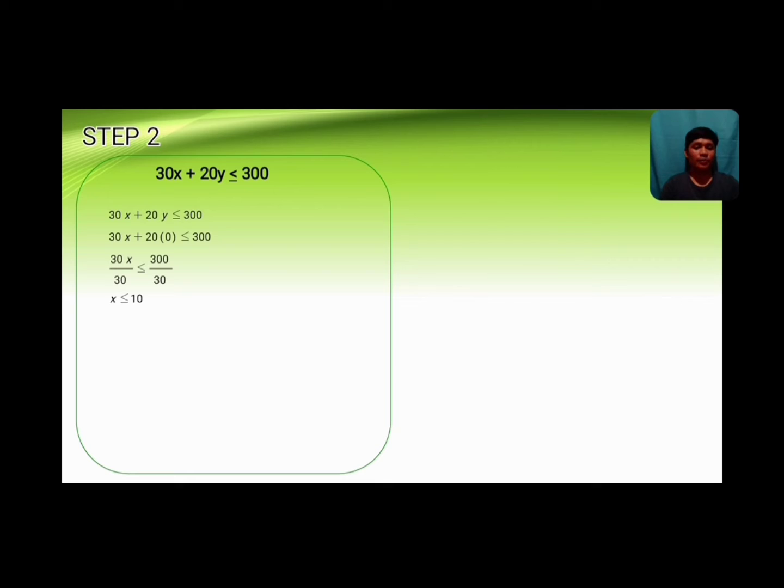So 30x plus 20 times 0, since we let 0 be the value of y, is less than or equal to 300. Since 20 times 0 is 0, the remaining is 30x less than or equal to 300. To find the value of x, we divide both sides by 30. So we have x less than or equal to 300 divided by 30, which is equal to 10.